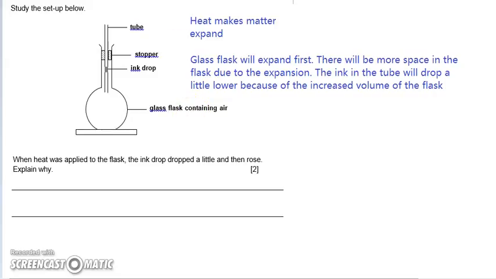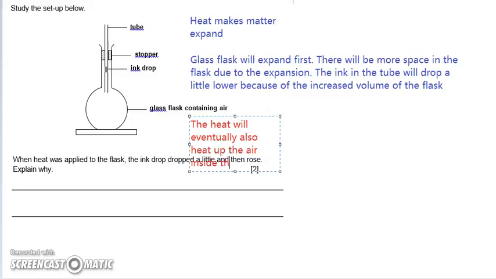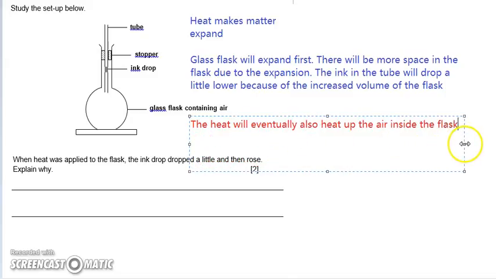Okay, so the heat will eventually also heat up the air inside the flask. And we know that when air is heated up, remember that air is also matter, the hot air will also expand.